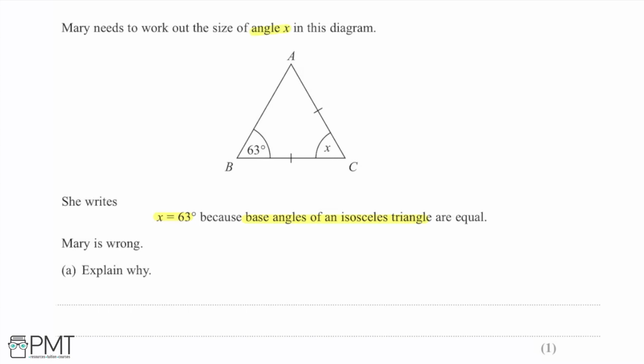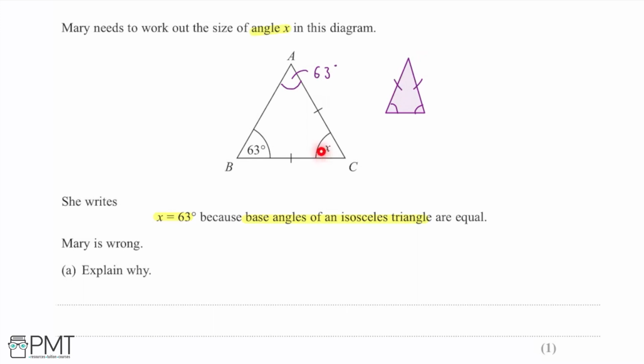However here, angle X is not going to be equal to 63 because if we were to have a triangle like so, and these two lengths are equal, the base angles here are going to be these two angles. Now this triangle that we're working with is kind of rotated here. So in actual fact, the base angles of this triangle are going to be this angle and this angle here, which are both equal and they're going to be 63 degrees.